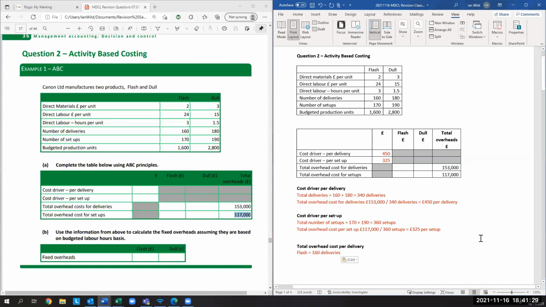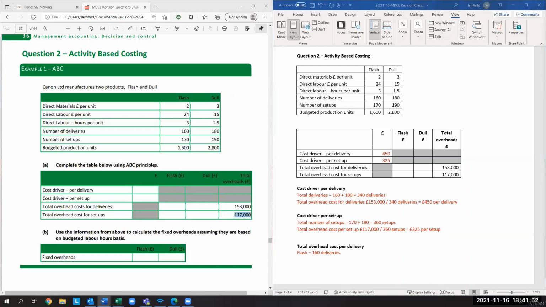So Flash has 160 deliveries. It is very similar to apportionment, Caroline, yeah, but it's all about working the cost drivers out first of all. And we know that every delivery is 450 quid.